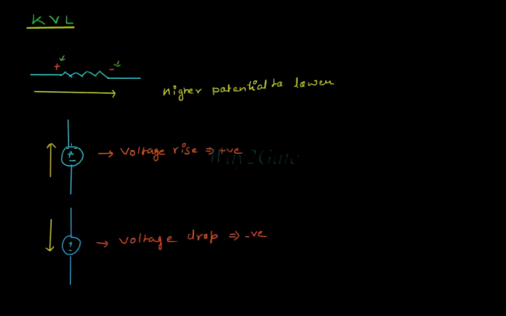Here, the latter terminal is positive. Therefore, voltage is positive. And the latter terminal here is negative. Therefore, voltage is negative.